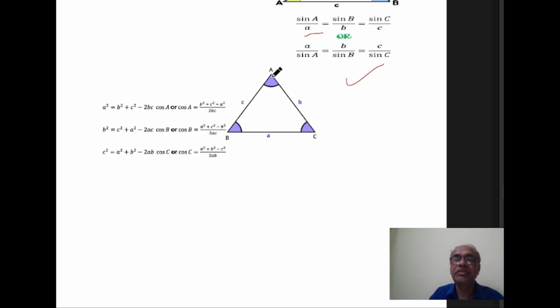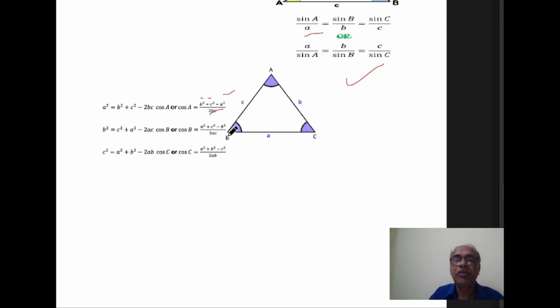So you remember it this way. What is cos A? The two adjacent sides are b and c, so you take b square plus c square minus the square of the opposite side, a square, divided by 2bc.